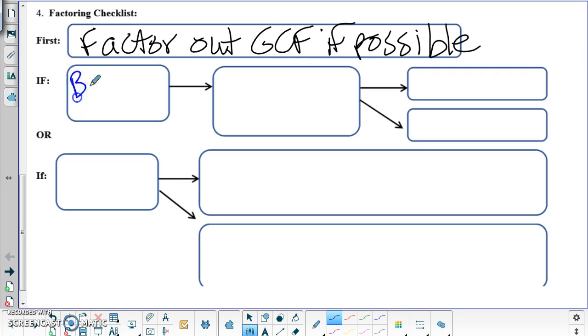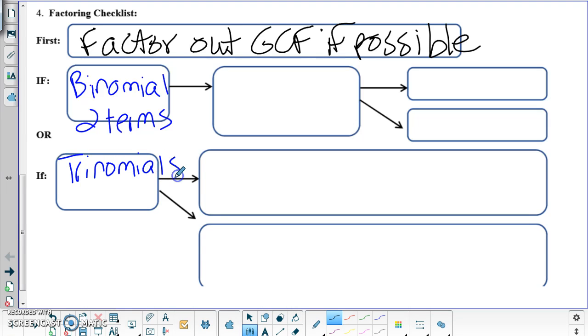Now we've had binomials, so two terms, and we've had trinomials, three terms. Your trinomials have always been in the form ax squared plus bx plus c.